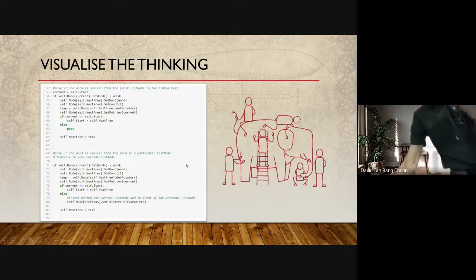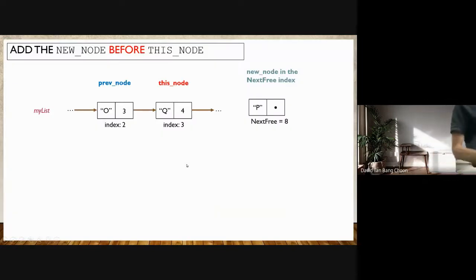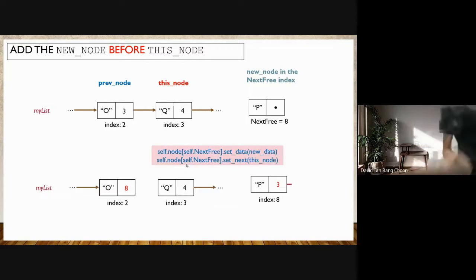So, for example, with the linked list, before going through the actual code itself, I will give them a picture. I'll show them the steps. For example, I want to insert a new node in between the previous node and this node. So that means before this node. Then what they can do, by these two lines of code, is link the new node to this node.